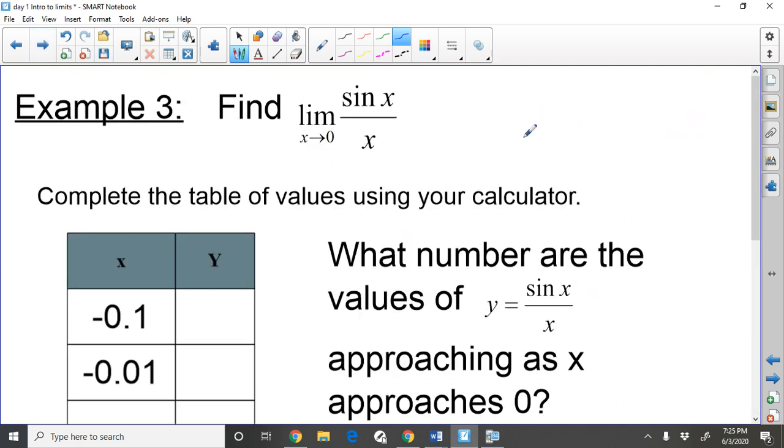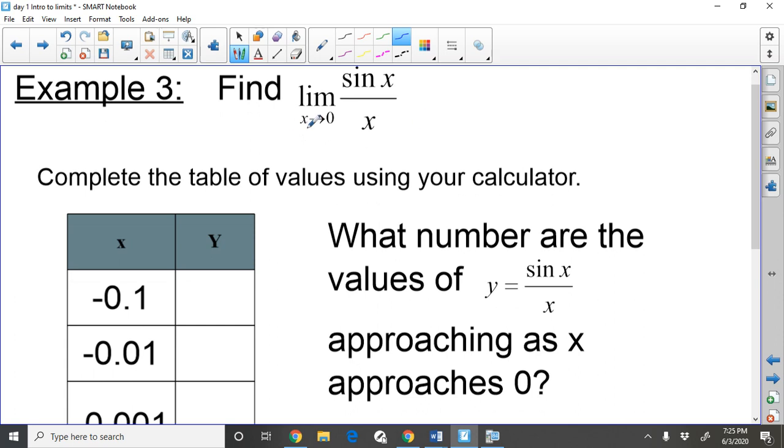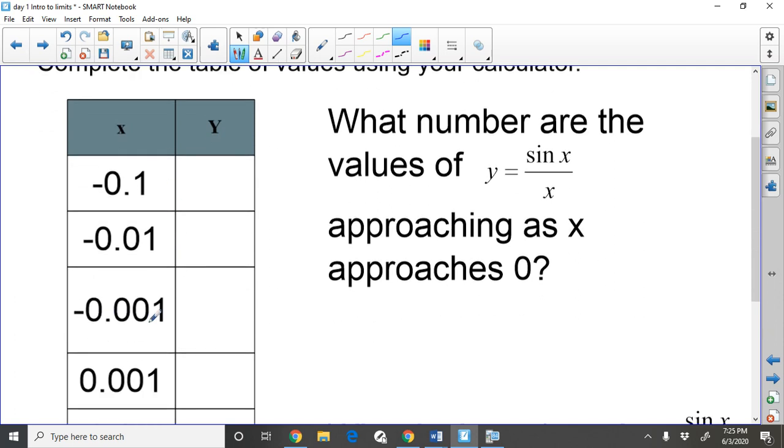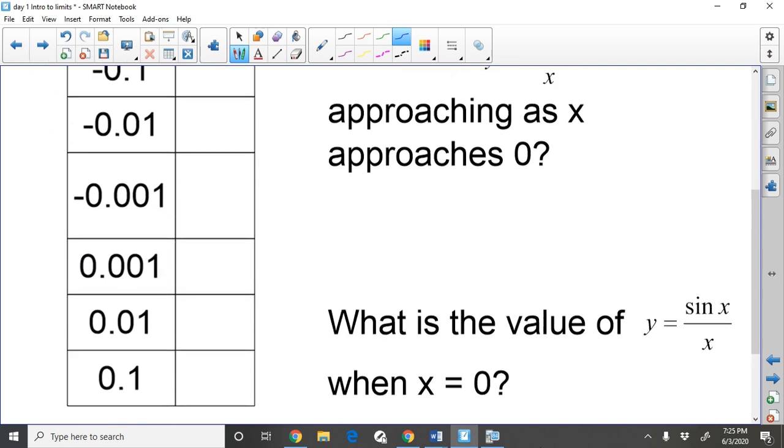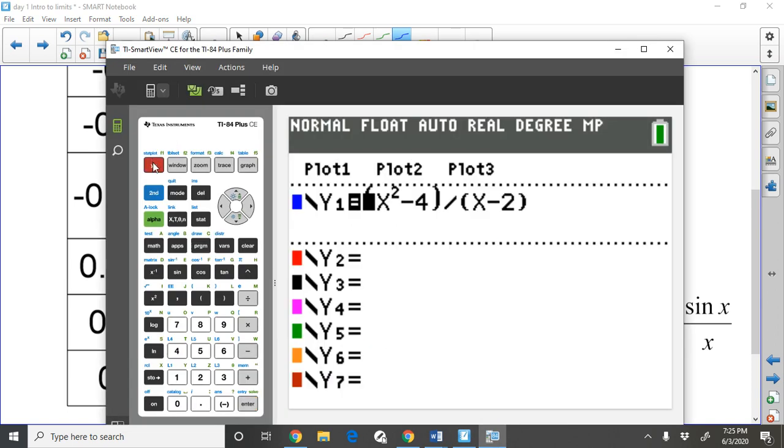One last example, a function that you wouldn't know the shape of right away. I want to find the limit as x approaches 0 of sine of x over x. And we're going to go around 0, so we need to go into the negative and positive around 0. So my function is y equals sine of x divided by x.